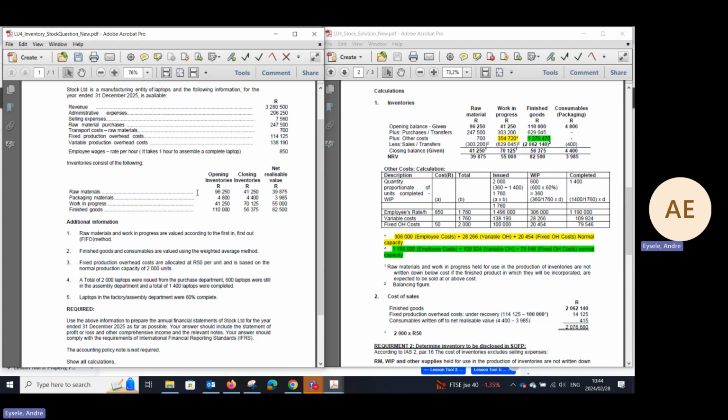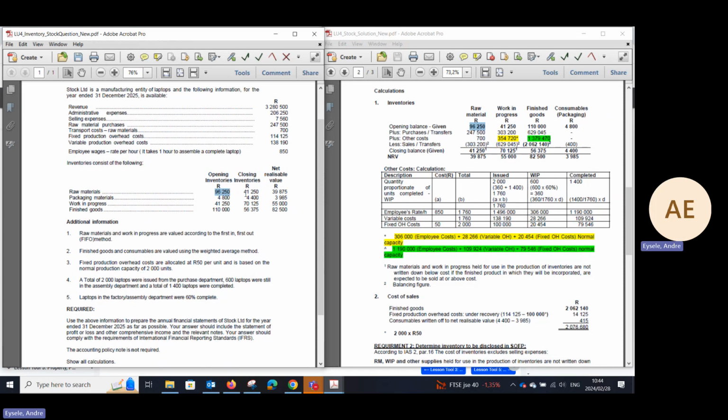Let's bring it together from the items on the left, where we give you the opening stock, the closing stock, and the net realizable value. So raw materials, colleagues, as you can see here, what is the opening balance? Well, they gave you the opening balance of raw materials of 96,250. That is given to you from the information.